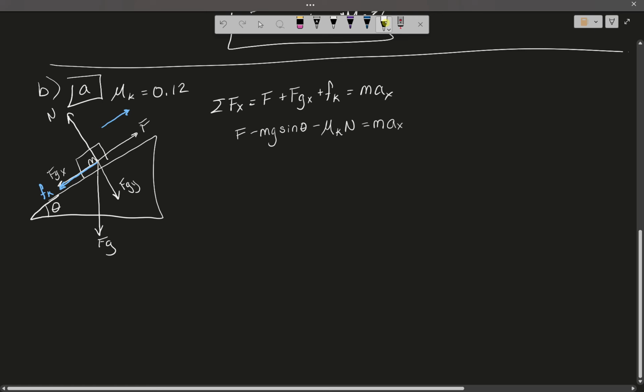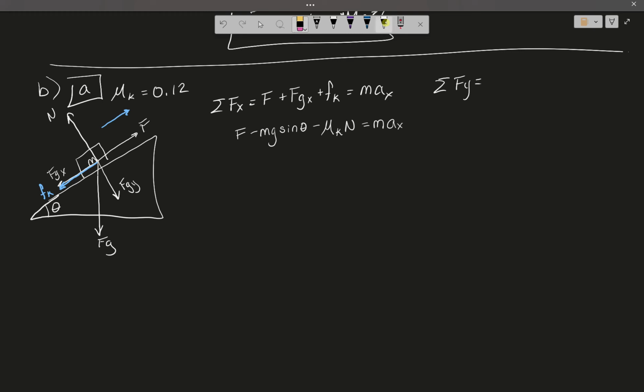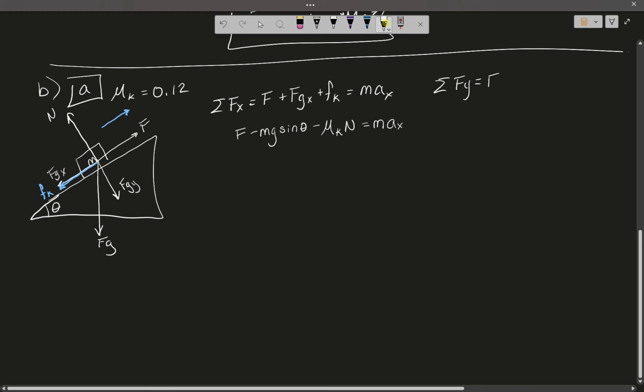The next thing I want to do is think about the summation of forces in the y direction. Keep in mind that now that I have normal force in my x direction, I have to include the summation of forces in the y direction, because this is where I'm going to figure out what my normal force is.